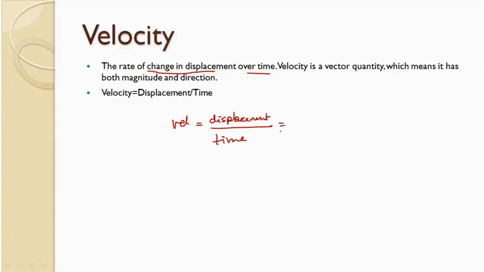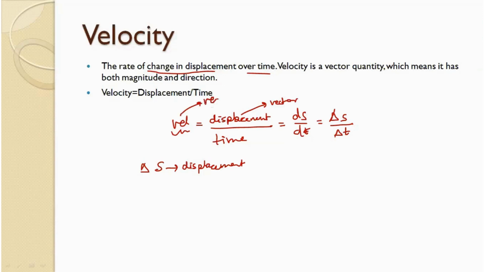Displacement can be represented with the same notation, like ds over dt, or delta s over delta t, where delta s is the displacement. We know that displacement is a vector quantity, so obviously velocity also becomes a vector quantity. Velocity has magnitude as well as direction.